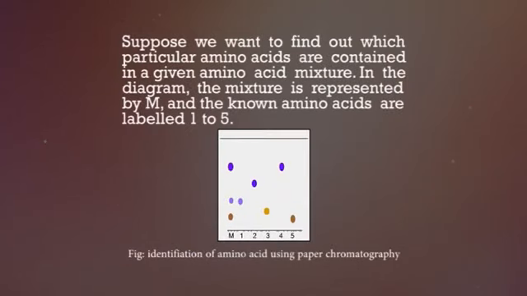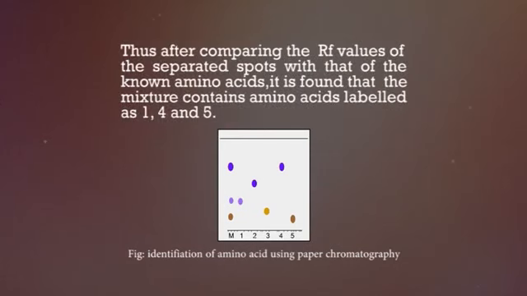Suppose we want to find out which particular amino acids are contained in a given amino acid mixture. In the diagram, the mixture is represented by M and the known amino acids are labeled 1 to 5. Thus, after comparing the RF values of the separated spots with that of the known amino acids, it is found that the mixture contains amino acids labeled as 1, 4 and 5.